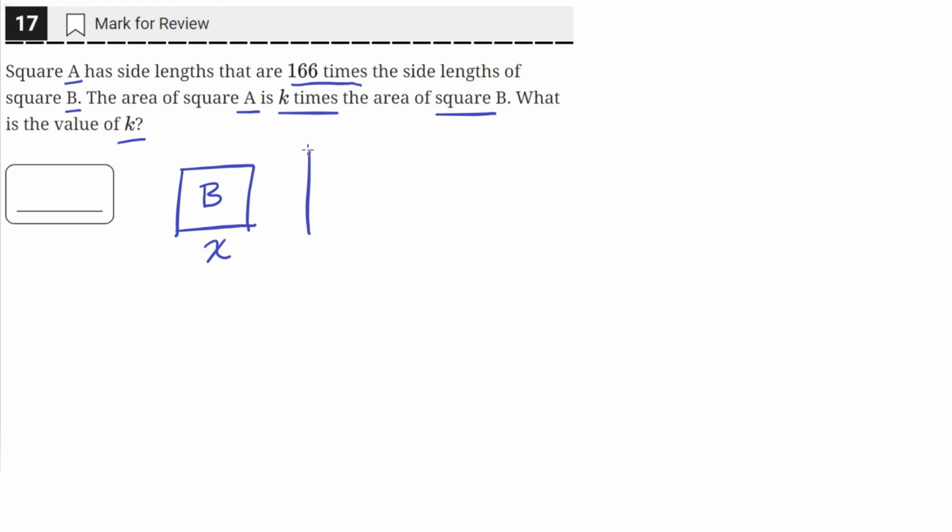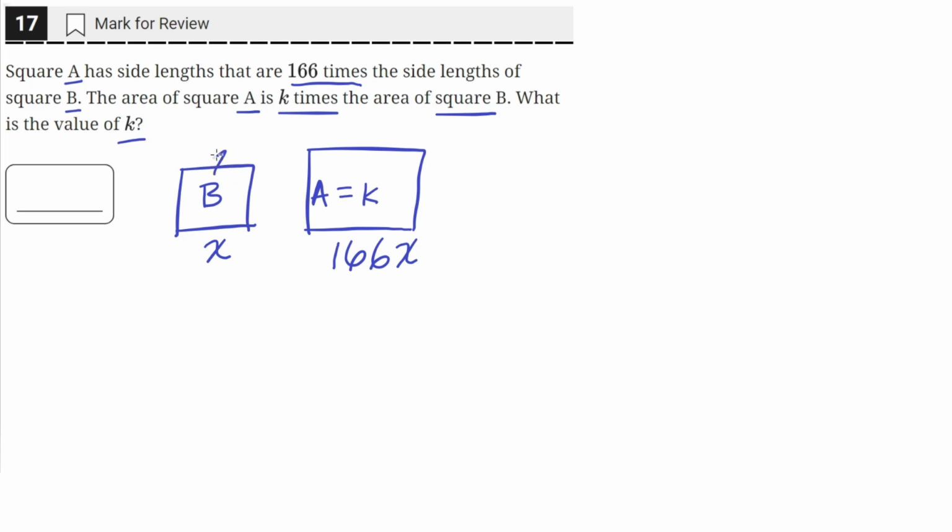And then we have square A, whose side lengths are 166 times the side lengths of square B. So the length of the side of this square is 166 times this length of square B's sides. And the area of square A is equal to k times this area of square B.